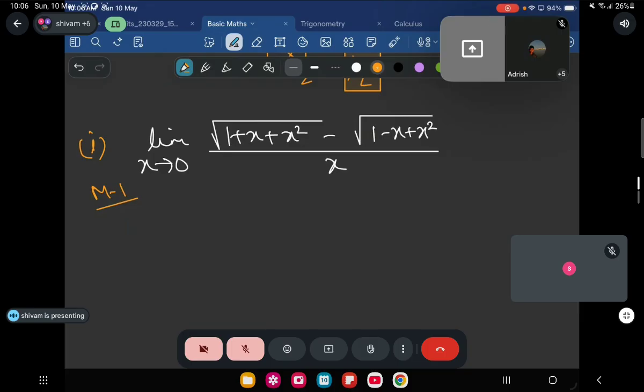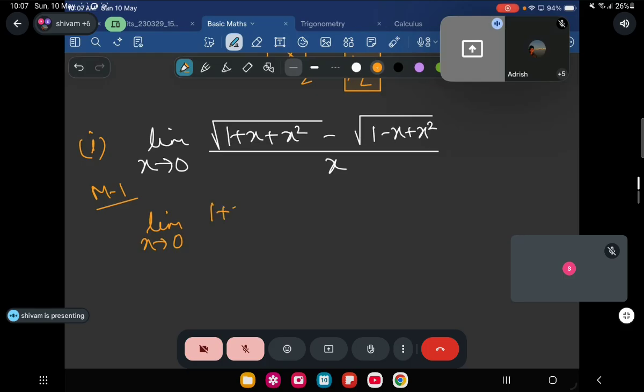Okay, let's see. So over here, root of 1 plus x square minus root of 1 minus x plus x square, limit x tends to 0. After rationalization it will become square minus square.